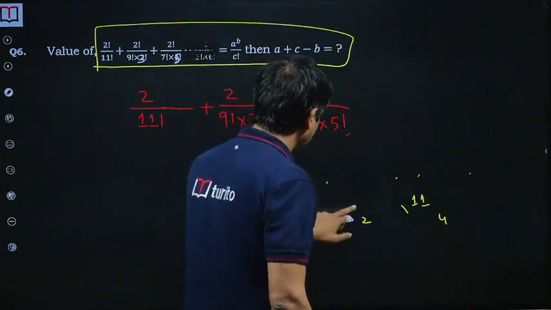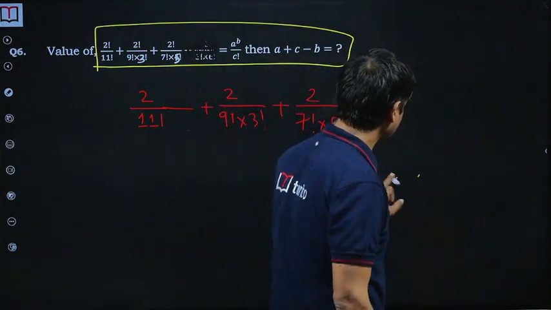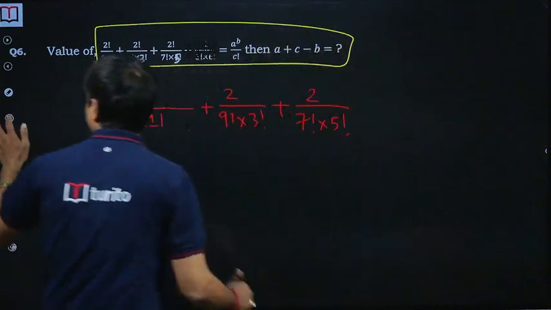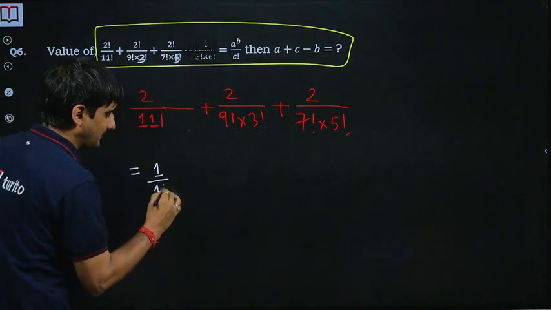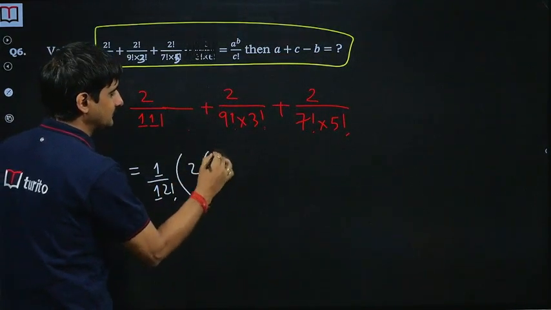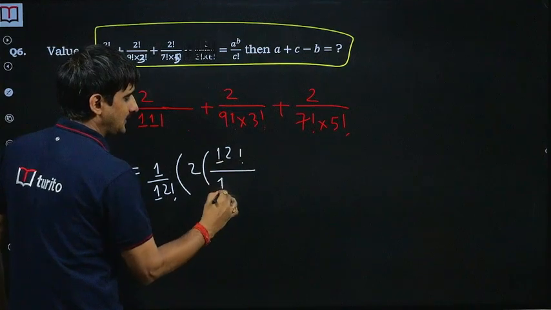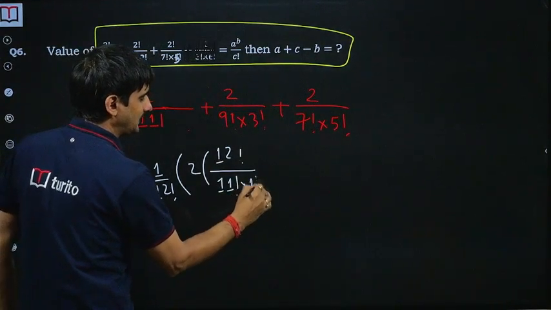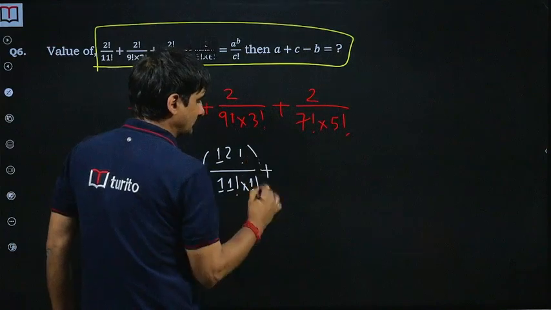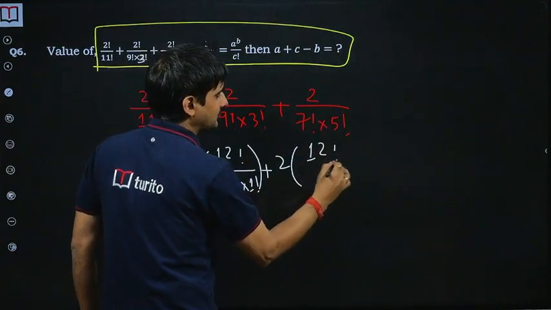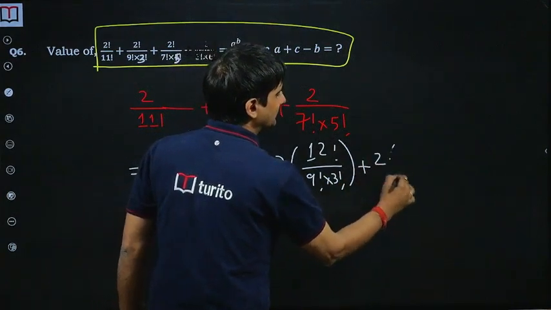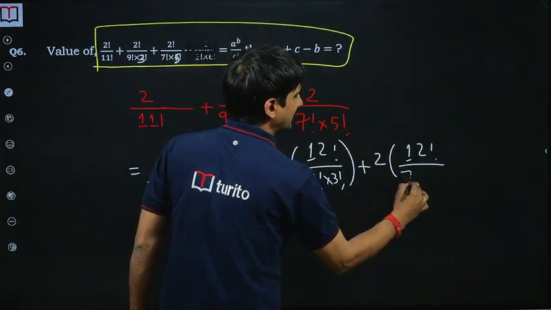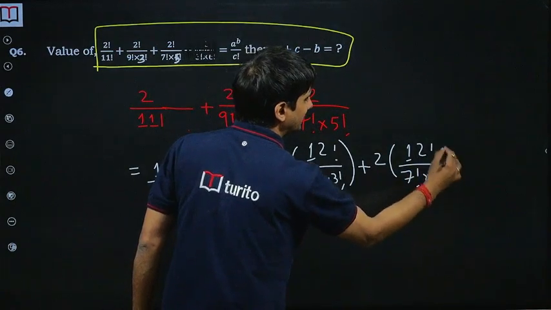So it's 2 into 12 factorial by 11 factorial into 1 factorial plus 2 into 12 factorial by 9 factorial into 3 factorial plus 2 into 12 factorial by 7 factorial into 5 factorial.